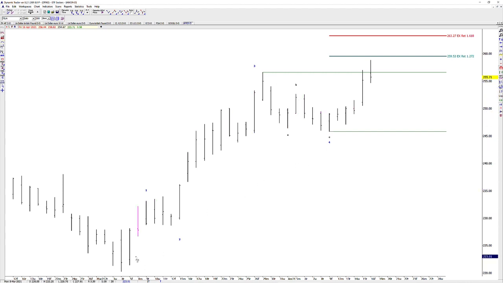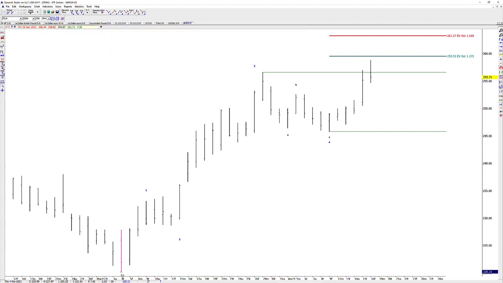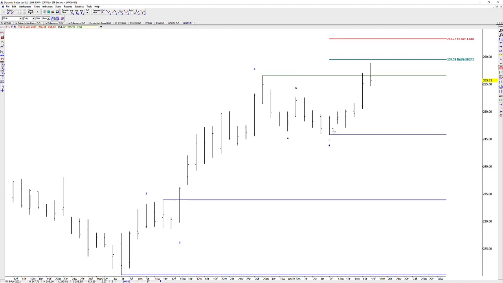So the second most reliable relationship is the comparison of wave 5 to wave 1. And typically, again, if we've already seen that the wave 3 is extended compared to wave 1 at least, typically wave 5 is around 100% of wave 1 or 162% of wave 1. So let's do a 162 of the range of wave 1 from the potential wave 4 low. There we go.